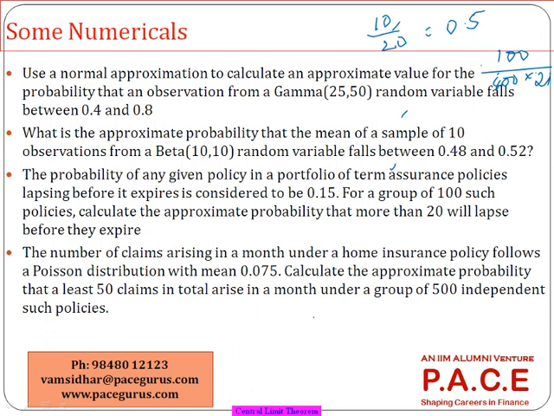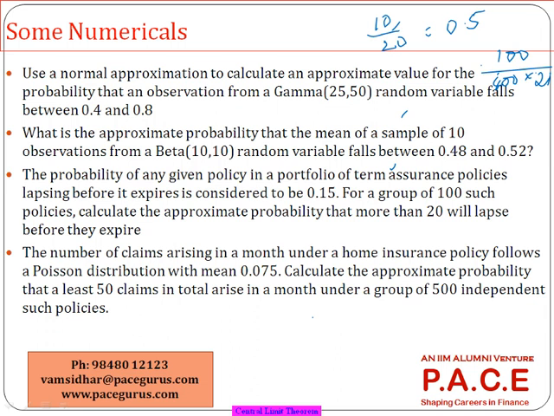So even if the questions come in terms of find out the mean and variance of the beta distribution or something, you can very well talk about approximating it to a normal distribution, and you can go ahead solving the question also, right? So the gamma we have seen, beta we have seen, almost any distribution, the moment you know the mean and the variance of that distribution, we can very well approximate it to a normal distribution and try to find out the probabilities of something lying between something and something.